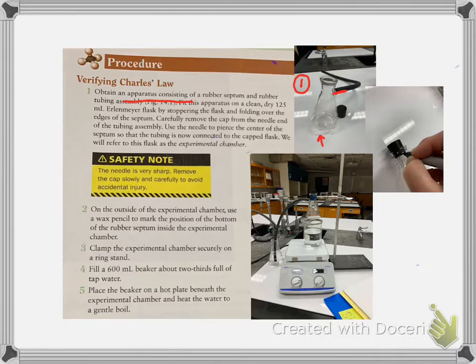So instead of having a needle going in the top, our gas will go in and out of the tubing. And then down here is a stopper. Once we get going, the stopper goes into the flask. We call this apparatus our experimental chamber. So when it refers to the experimental chamber, this is what it's referring to.